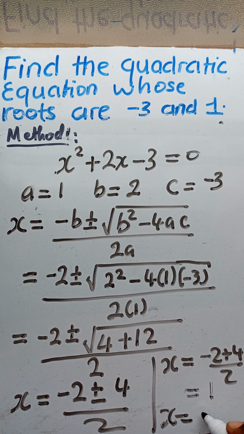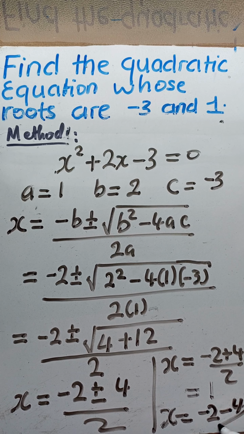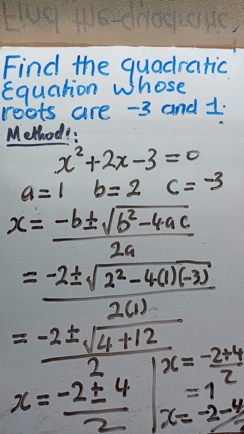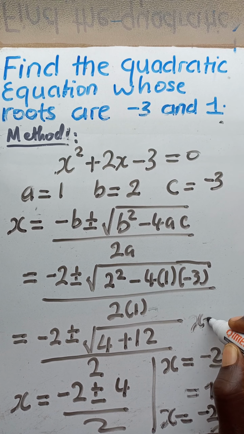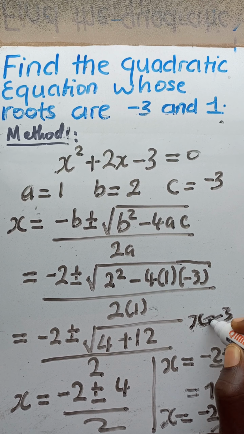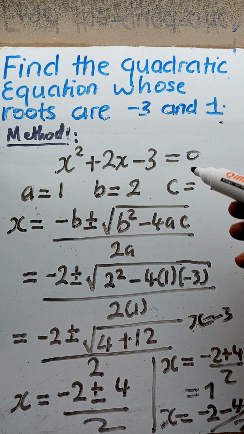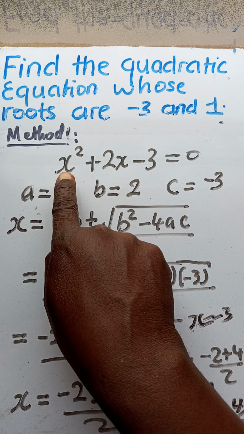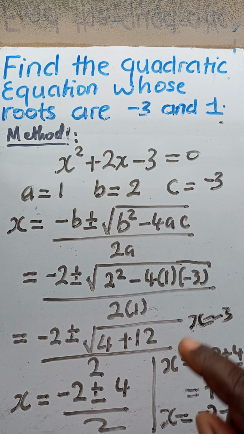Or x is equal to, we take the negative, negative 2 minus 4 all over 2, which is negative 6 divided by 2. We have x equals negative 3. So we end up having the roots that were given in the equation, negative 3 and positive 1. Therefore, the equation whose roots are negative 3 and positive 1 is x squared plus 2x minus 3 equals 0.